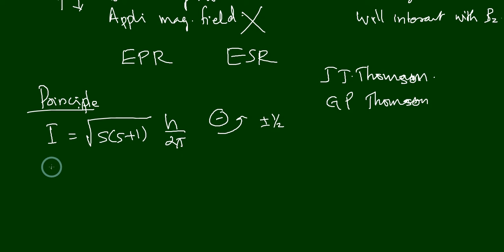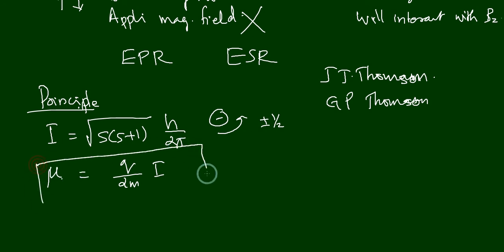And this magnetic moment mu is equal to q divided by 2m into I. This is actually a general equation. Magnetic moment mu is equal to q by 2m into I, where q is the charge of the particle, m is the mass of the particle, and I is the spin angular momentum of that particle.